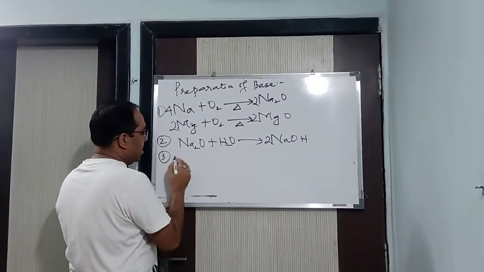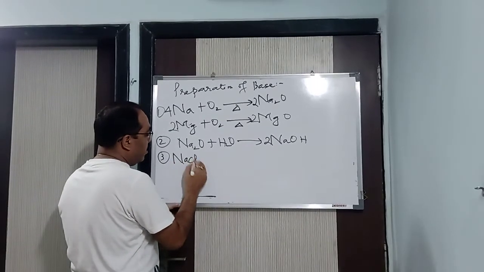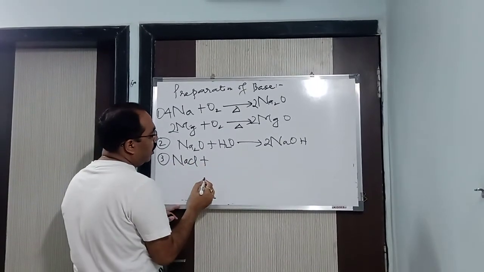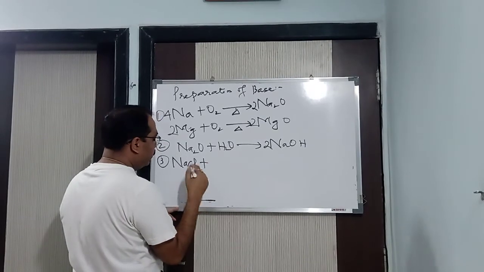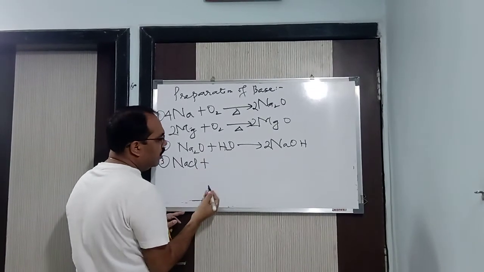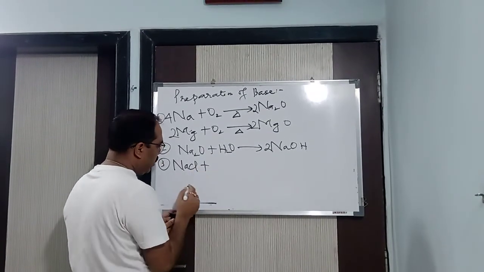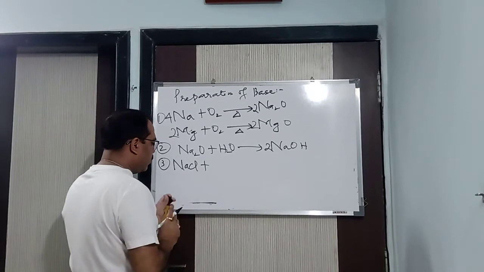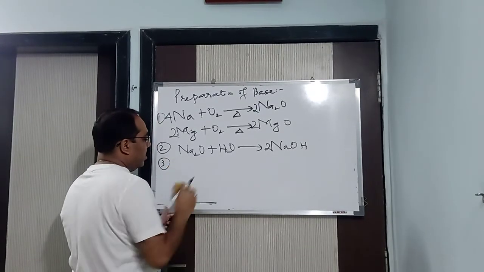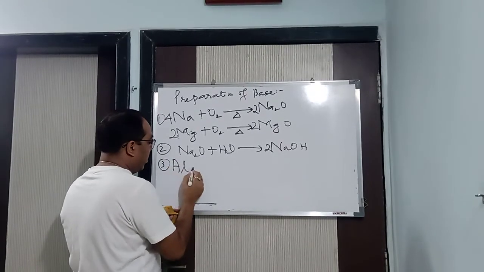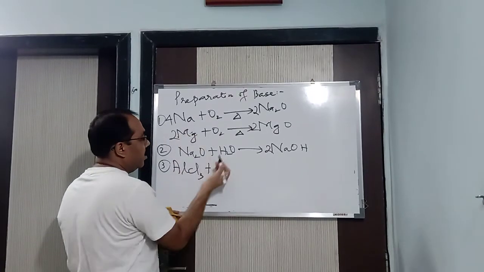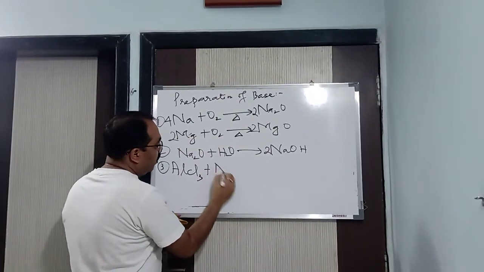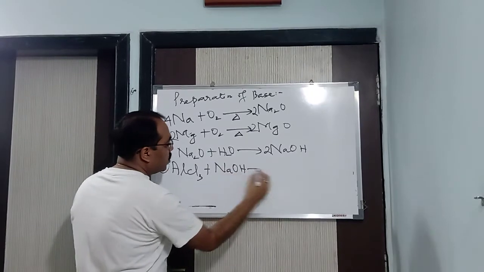Now, the third is that when a salt, for example sodium chloride, reacts with a base, or instead of sodium chloride, you can take aluminium chloride, because I have taken sodium chloride so many times. So when aluminium chloride reacts with NaOH, what will it give you?